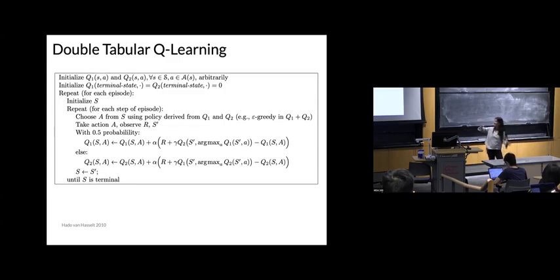The update rule is exactly what we said: Q2 evaluating the argmax with respect to Q1, or the other way around. And that's it. This is called tabular double Q learning. And when we use deep function approximators, we'll call this double deep Q learning. As simple as that.